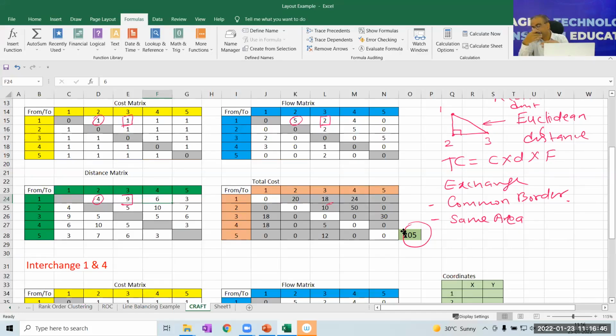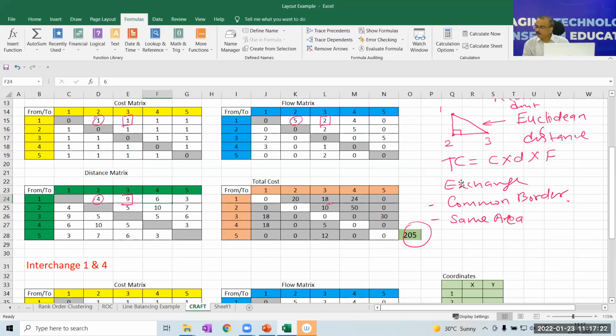This algorithm is iterative: based on the pairwise exchange, you estimate the total cost, and whichever layout gives the lowest cost, you select. That layout becomes the new layout. Again you apply these steps, looking at pairwise exchanges between departments, and this process is repetitive till you get an optimal solution.